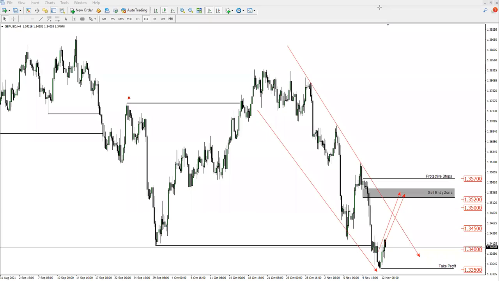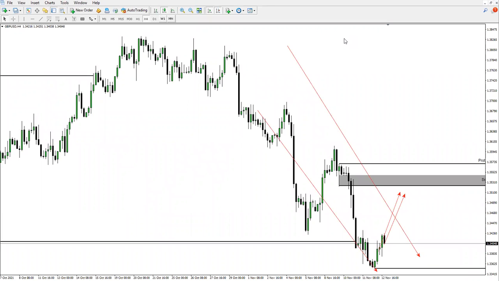And then buy from them and then find logical areas to start shorting. So with where the market is at right now, in the lower time frame, I am going to be looking for buys in here.